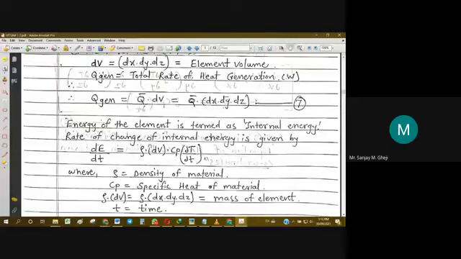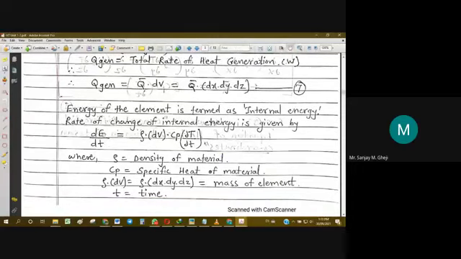As you know, the change in internal energy or enthalpy of any element will be given by m Cp delta T: mass into Cp, that is specific heat, into temperature change delta T. Now we are interested to find it with respect to time, so that is why we are taking the time derivative.